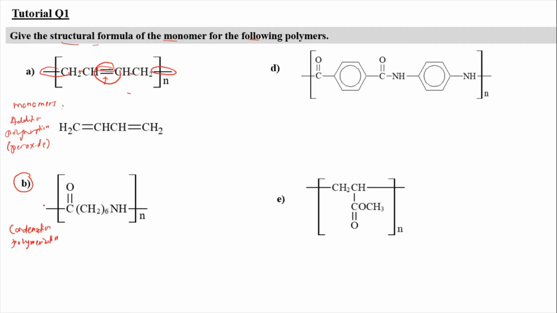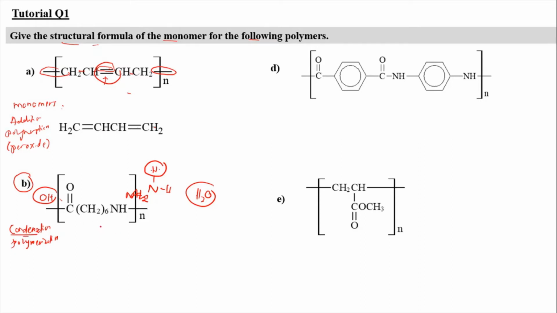Because the initial structure here will have an OH group, which is going to be a carboxyl, and here NH is going to become NH2. One of the hydrogens is removed from the amino group, and the OH is removed from the carboxyl group. So H and OH are removed as water, and when a small molecule is eliminated, you know that it is a condensation polymerization.